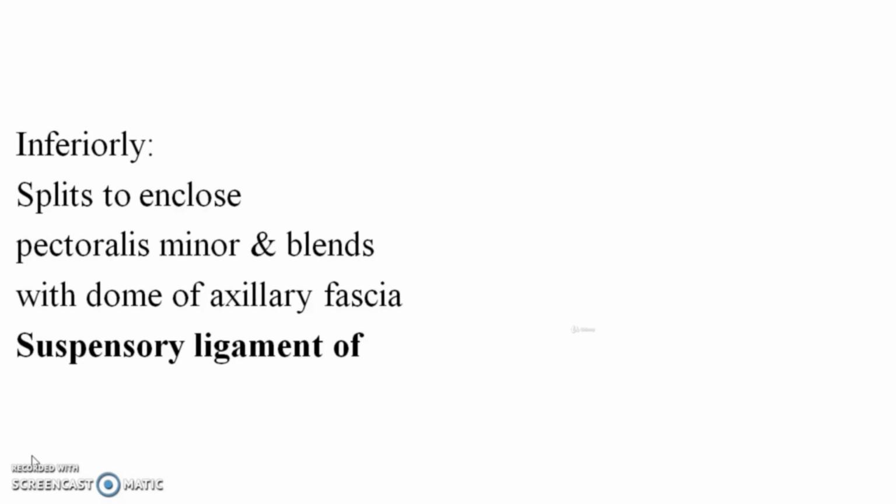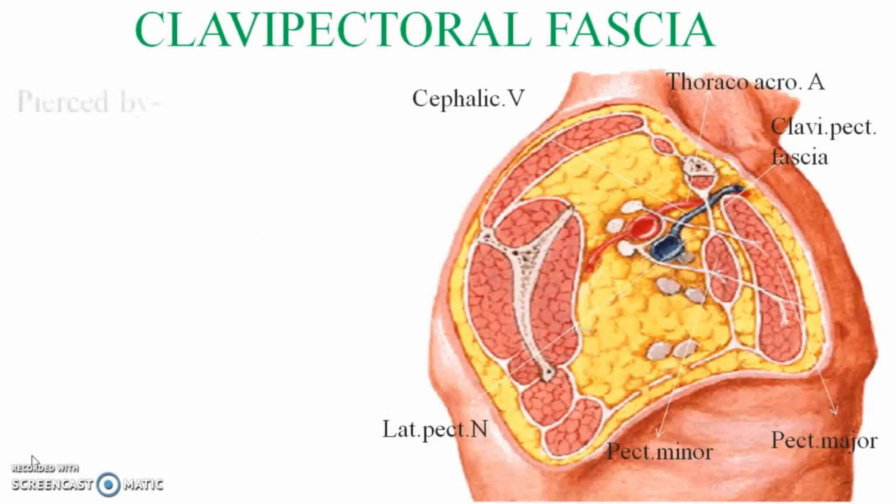Later it is going to continue with axillary fascia, and this time we will call this clavipectoral fascia by a special name, which is suspensory ligament of axilla. So this is how this clavipectoral fascia is traced out in all the four directions. And this clavipectoral fascia has an importance in that it is pierced by four important structures present in the upper limb.